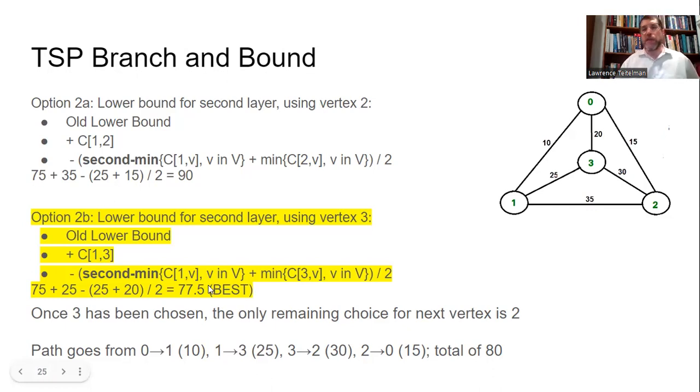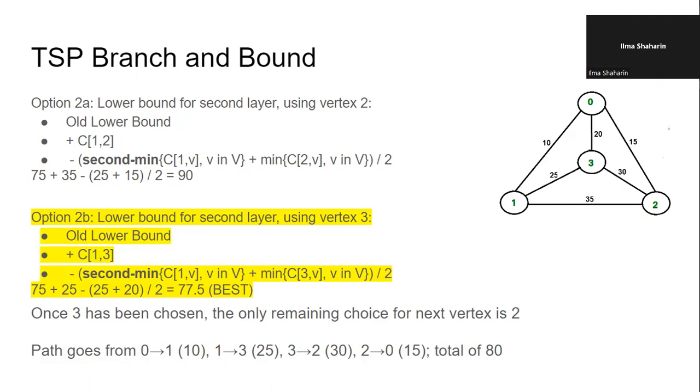So if I go from 0 to 1 to 3, my lower bound only goes up to 77.5, instead of going up to 90, if I would have gone 0, 1, 2.